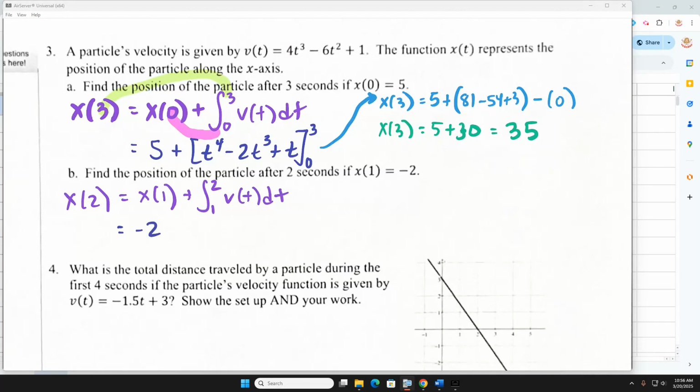And I already found that integral, so I don't need to find it again. I am going to jot it down, but don't have to actually do it. All right, and then we'll just plug in our 1 and our 2.